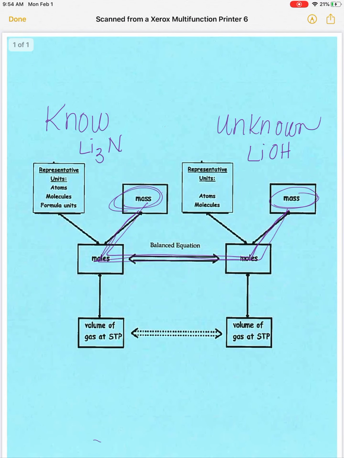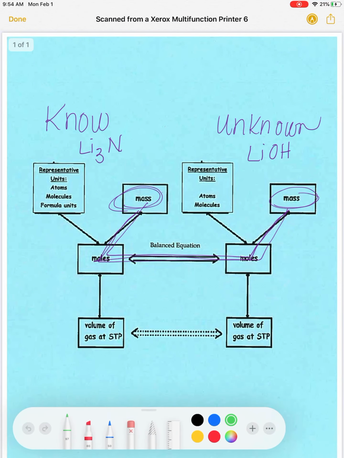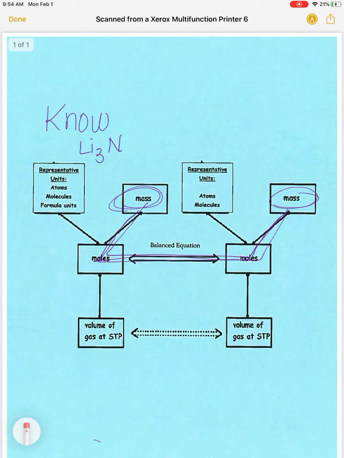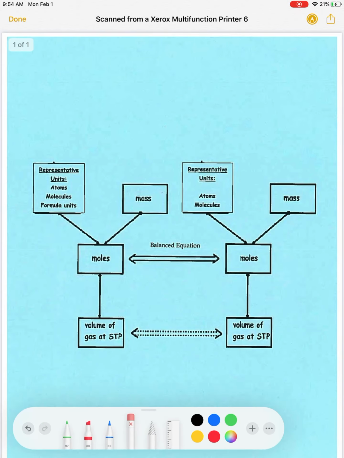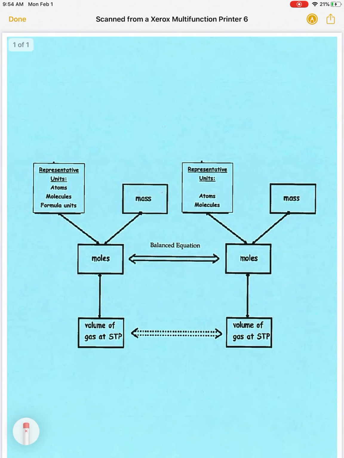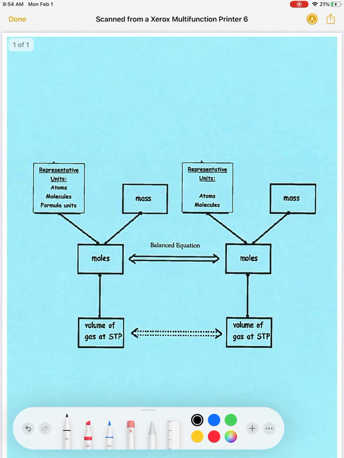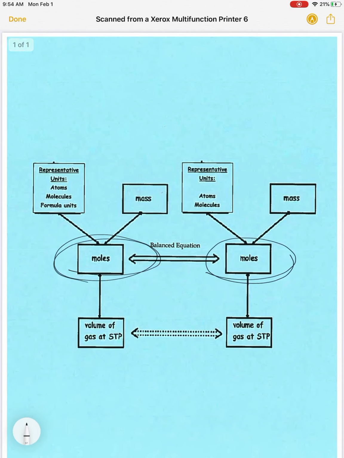Let me erase a bit of my writing from the last time that we used this. All right, so if I take a look here, I'm in moles of one thing, and I need to go to moles of another thing. So that is one step that's going to be completed using the balanced equation.